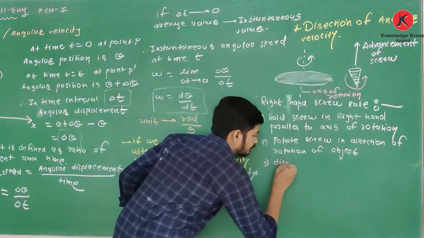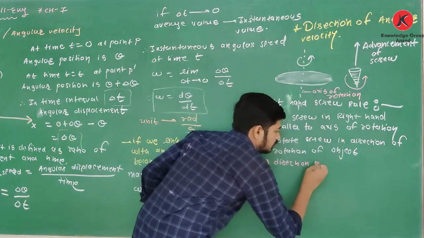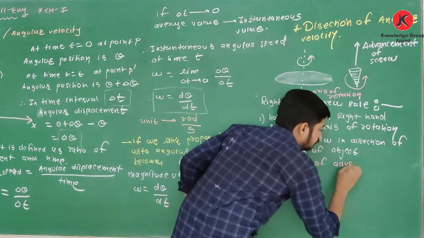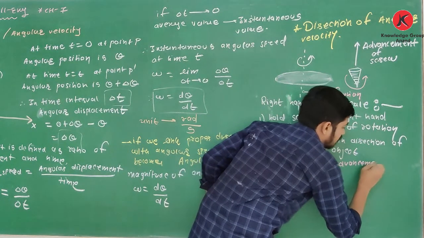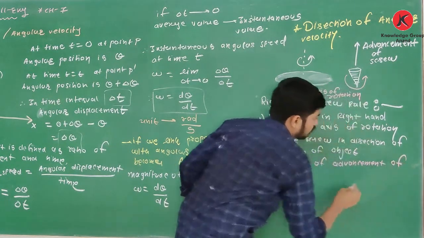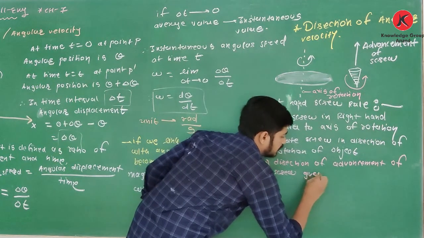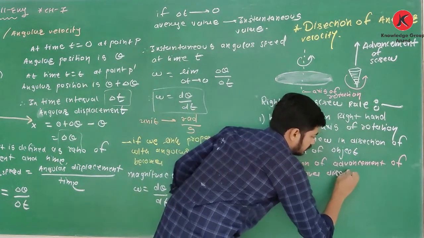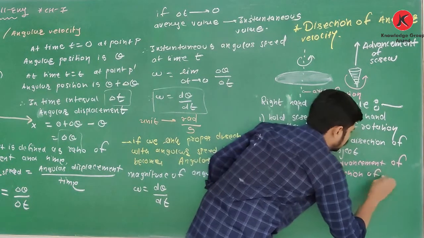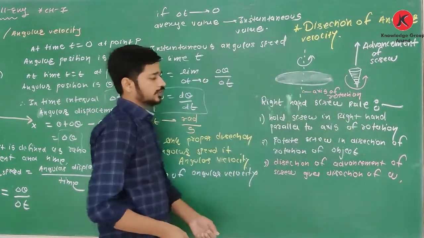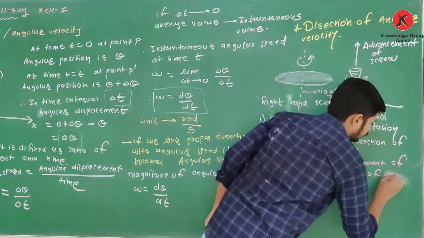Direction of advancement of screw gives direction of angular velocity.